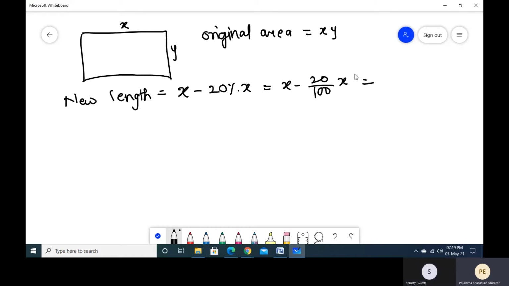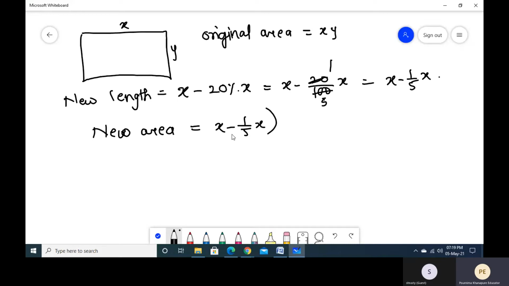I just divided: 20 1s are 20, 5s are 100. So x minus 1 upon 5 x. This is the new length. Now the new area would be x minus 1 upon 5 x, into the breadth, because the breadth is not changed actually.